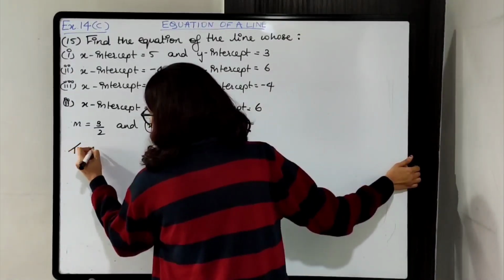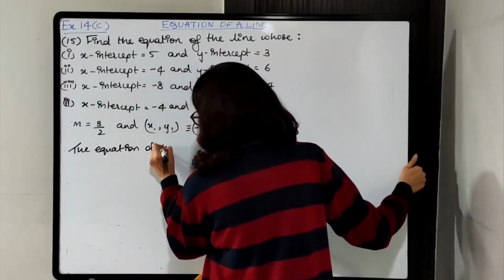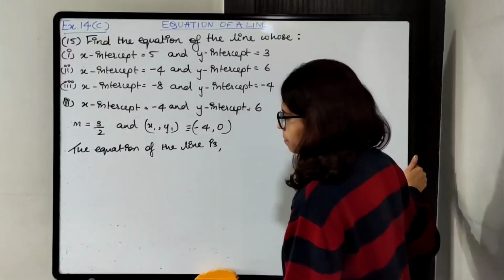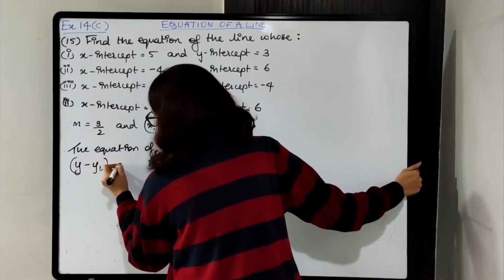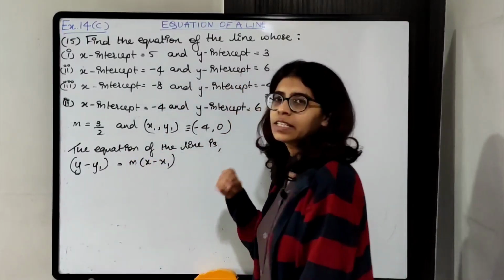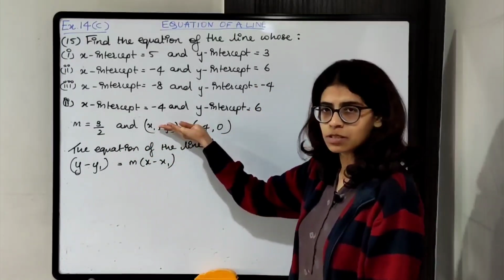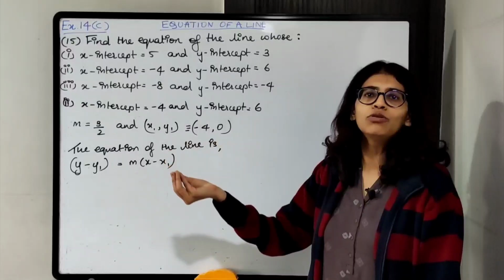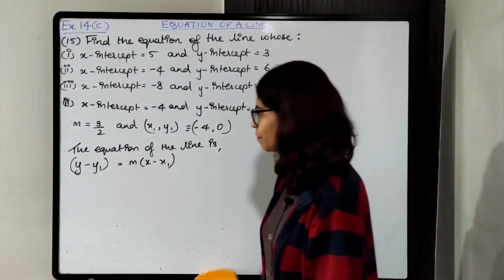So the equation of the line is y minus y1 equals m into x minus x1. It's better that you write down m and x1, y1 before this, so you can easily make the substitutions. You don't need to look for what is x1, y1, what is the value of m.